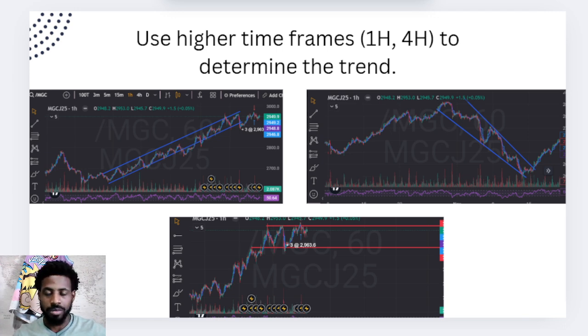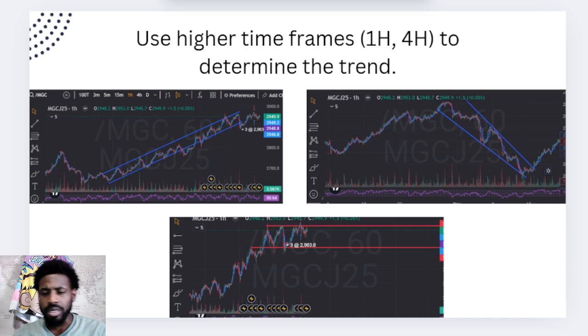The higher time frame will help you determine where the market is potentially, keyword potentially, going throughout the day.